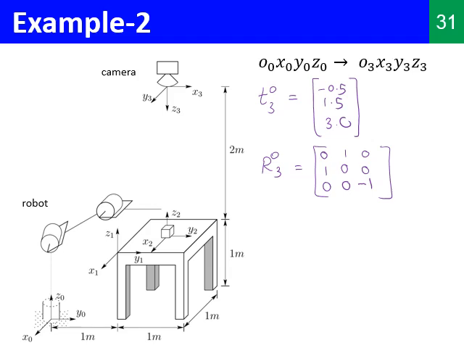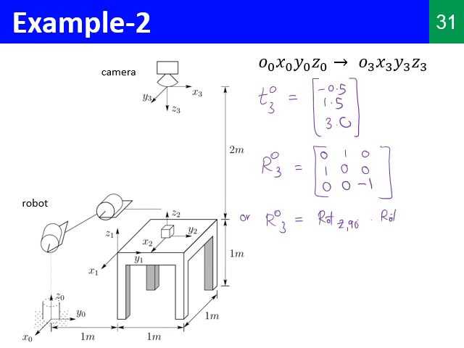Now there is a hard way of doing that as well, which is, so R03 would be equal to, take frame 0 and rotate that frame about z-axis 90 degrees. Rotate about z-axis 90 degrees, and in the new frame we can rotate about the new x-axis 180 degrees.